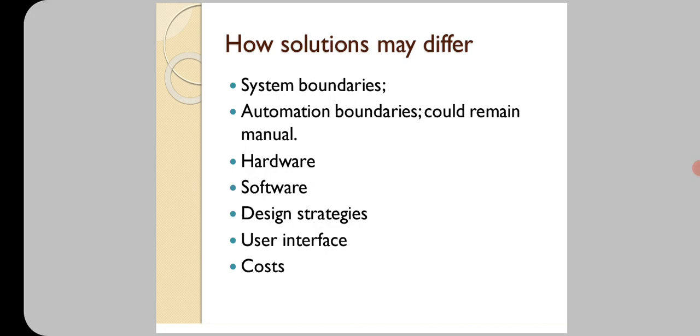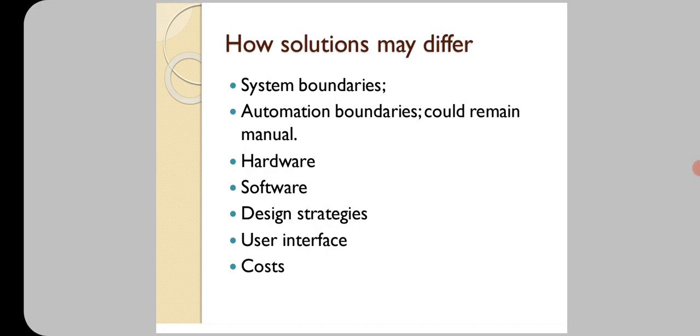The second one is automation boundaries, what could remain manual, related to manual testing or system level testing, automation testing, and so on. Third is the hardware required, the hardware components. Fourth are software requirements, design strategies, user interfaces and cost.